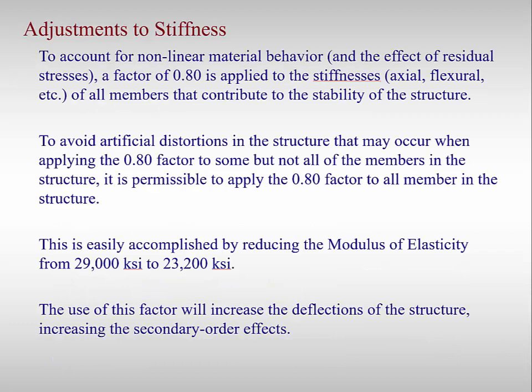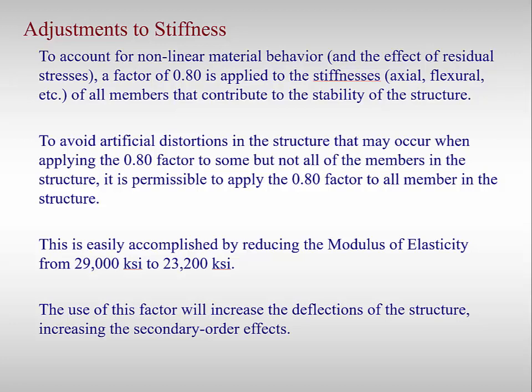Then another thing they do in the direct analysis method is adjust the stiffness, and they do that by using a factor of 0.80, which takes into account the reduced stiffness that you get from residual stresses, meaning you're going to be yielding earlier.